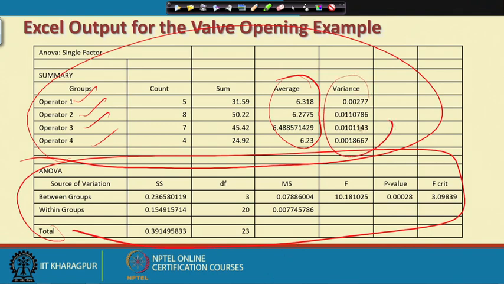The variance itself shows that it is not a problem and it is under control, because the lower the variance, the more consistent the series. Higher variance is problematic, and if it is 0, then still it is problematic. Since the variances are not equal and not high, the problem is under control.